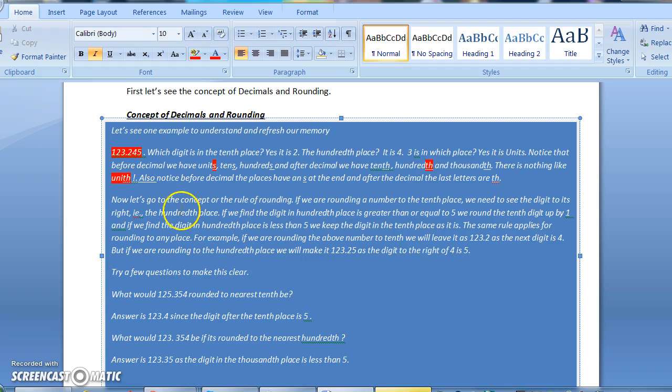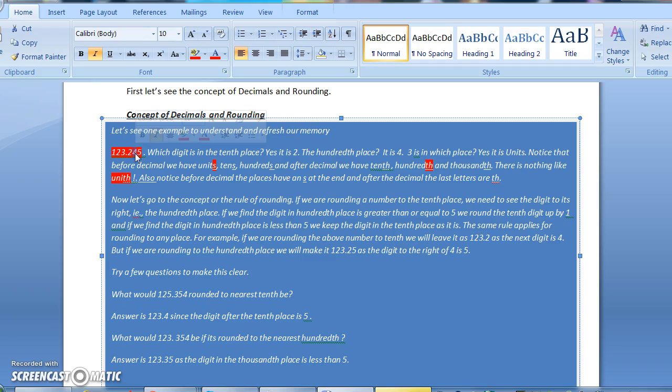Now what about rounding? If I'm rounding to, let's say, the tenths place, then the rule of rounding says look at the next digit, the hundredths digit, which here is 4. If it is less than 5, we do not round up, so we leave 2 as it is. But if we are rounding to the hundredths place, we look at the next digit, which is 5, then we round the 4 up by 1, and it becomes 5.